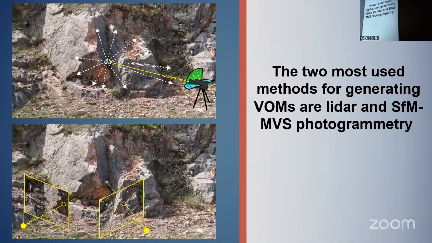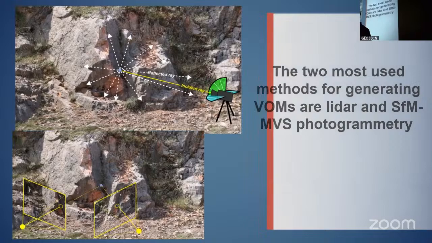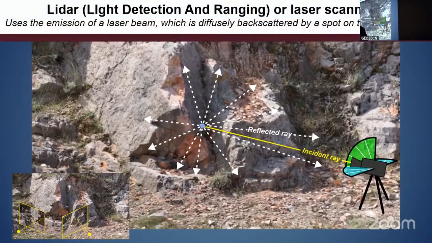Those 2 kinds of close-range remote sensing techniques have revolutionized the use of virtual outcrop models in geology for at least 20 years. LiDAR, which means light detection and ranging, also known as laser scanning, is just a rotating tool that measures the distance between the laser scanner and the object by measuring the return time of a laser beam.